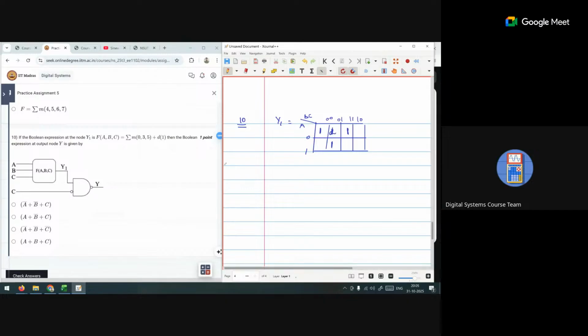Okay, so y1: 3 groups are available, 1, 2, and 3.